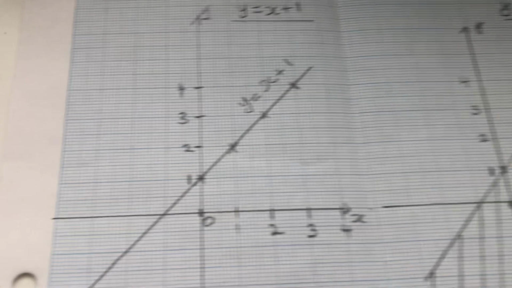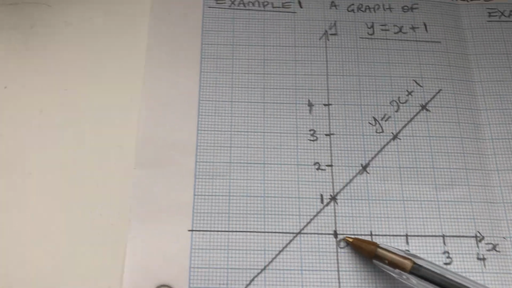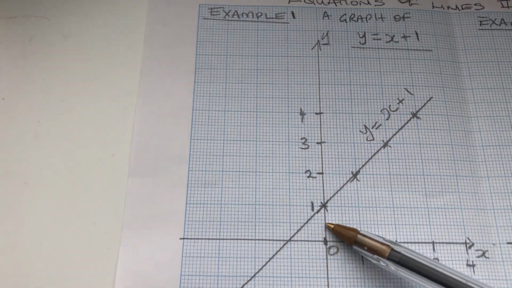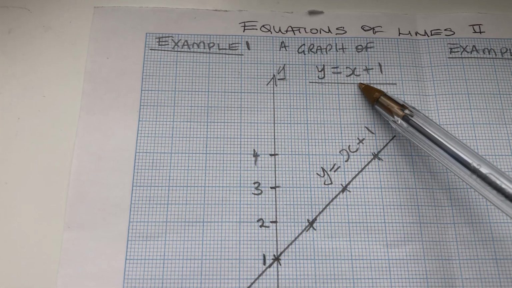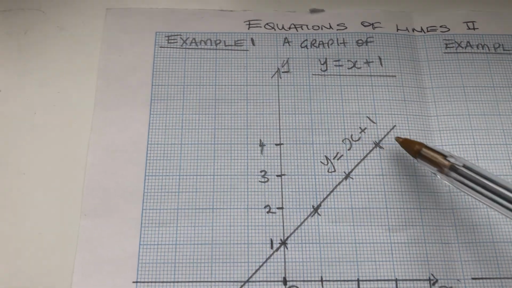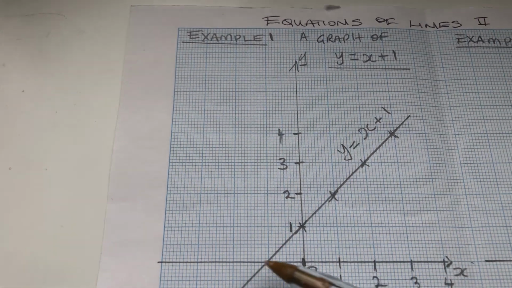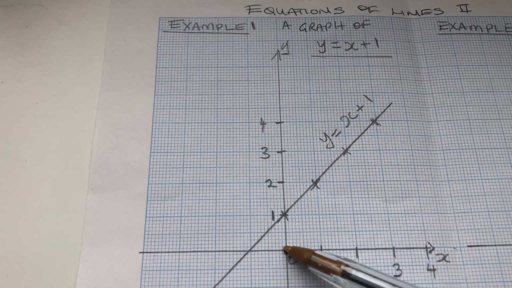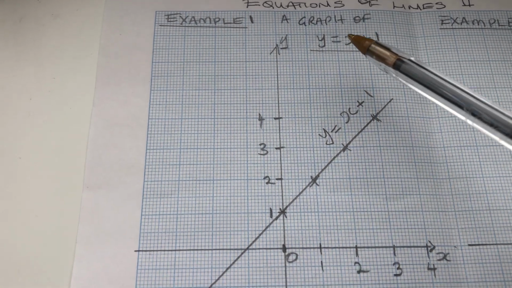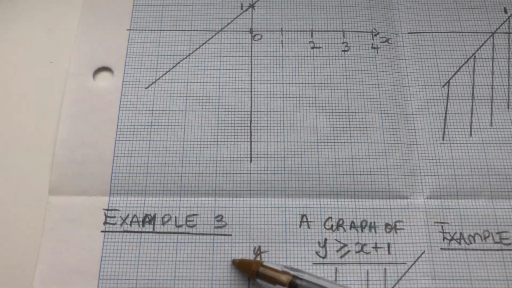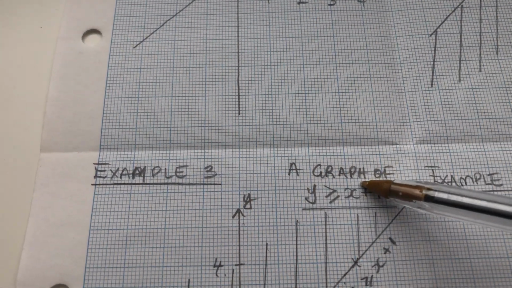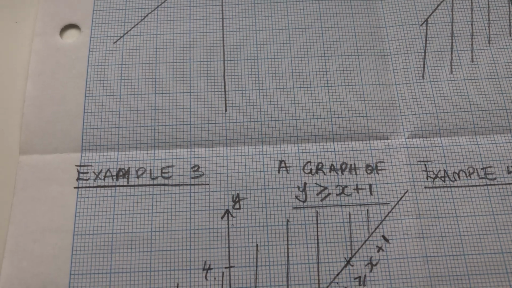So if we look at our first example, to find the portion y is greater than or equal to x plus 1, we need to shade above, because this is 0, 0. When you put it in this equation, you get 0 is greater than or equal to 1, and that is false.